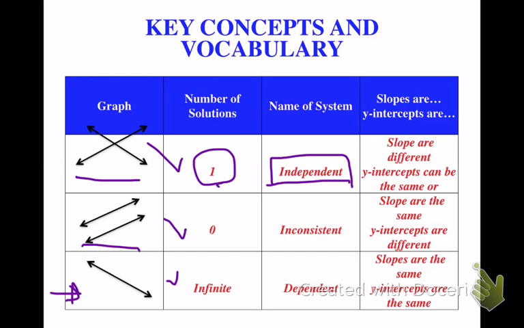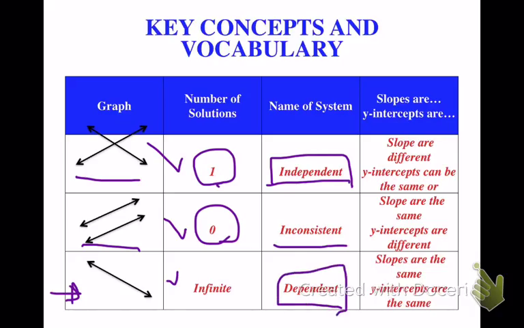Then you could have 0 solutions. Those are parallel lines. There are no answers. They don't care about each other. They are inconsistent. Okay? Then we have infinite solutions where the graphs are on top of each other. Because they share every single point, we say that they are dependent. Right?